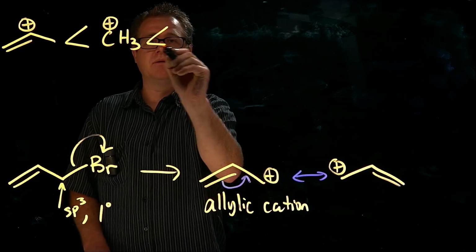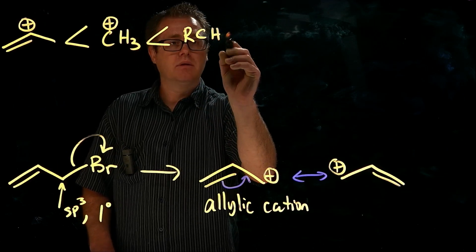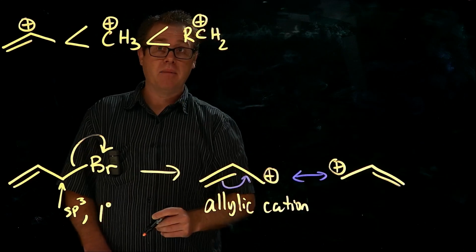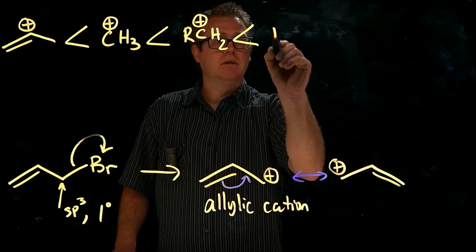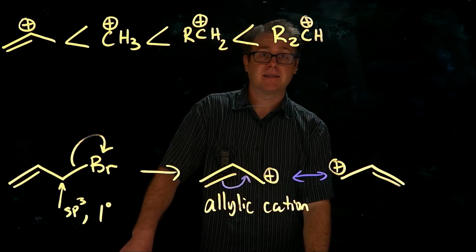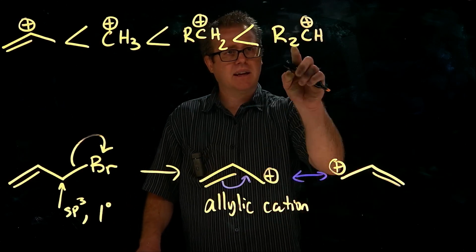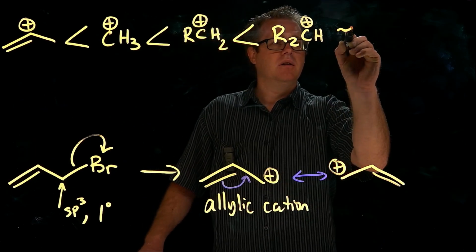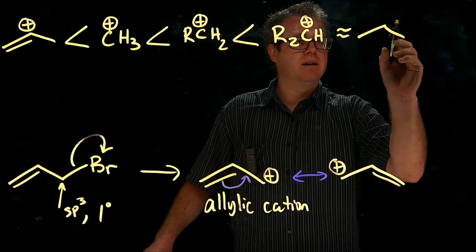That's a little bit more stable. And then we have our primary carbocation, and that is representing a secondary carbocation. Okay. And those secondary carbocations right there are approximately just as stable as our allylic.